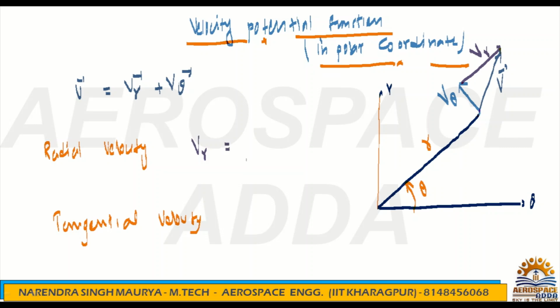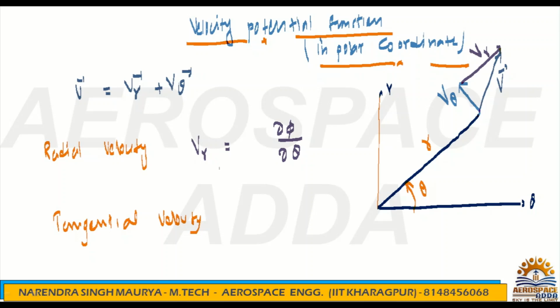Radial velocity and tangential velocity. Any idea? VR is dou phi by dou theta, when you are taking VR.